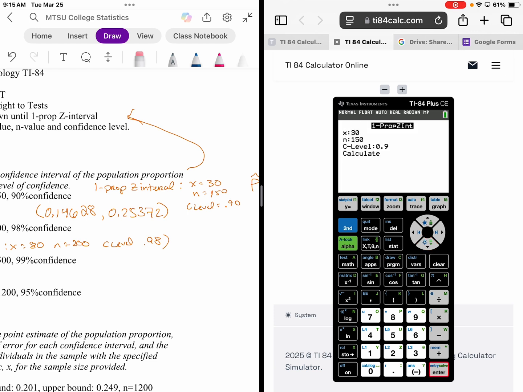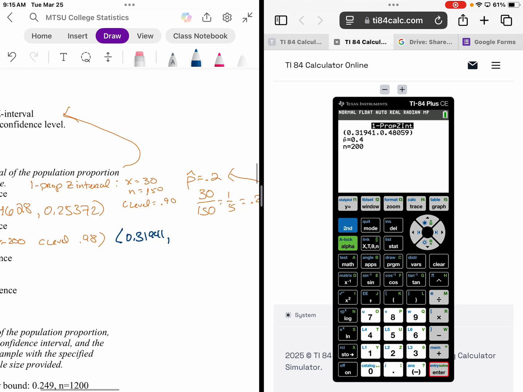All right, so now 80, 200, 0.98. So on here, my confidence interval would be 0.31941, comma, 0.48059.